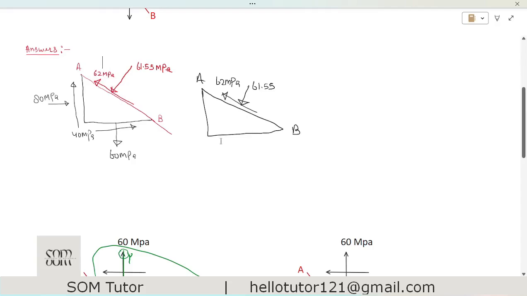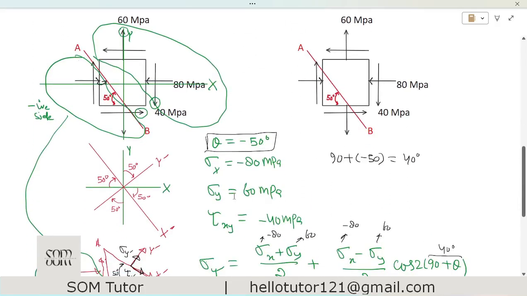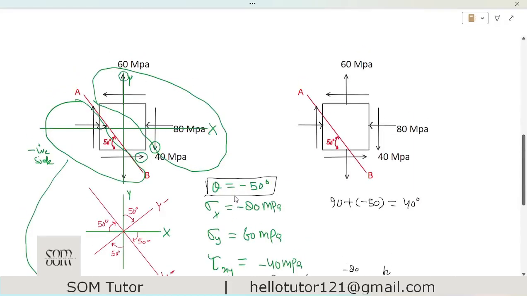So our answer is correct. Okay, so now let us solve it the other way. Let me erase this. I won't assume this minus 50, I will assume this angle. Let me erase this first, and then we will solve it using this angle.